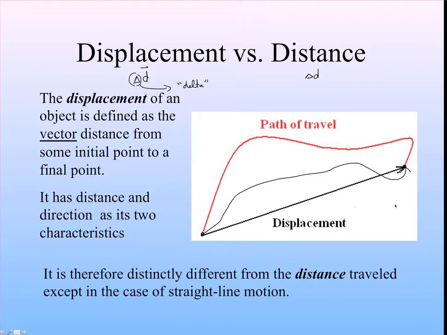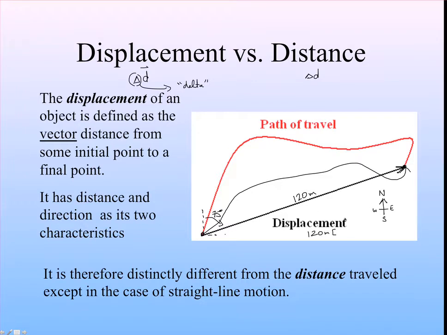So in this case, if this was north, east, south, and west, and this was, let's say, 120 meters, your displacement would be 120 meters in whatever direction this was. Let's look from the north. Let's say that was 75 degrees.